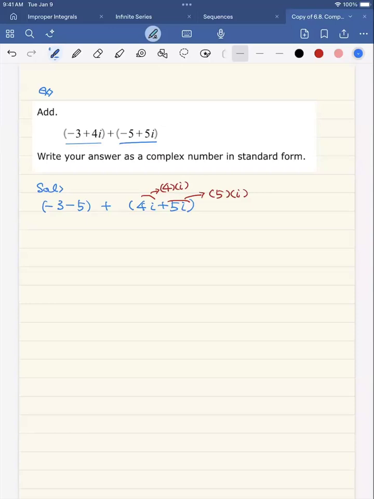We add the real numbers together and the imaginary numbers together. So we have to add -3 and -5, and we have to add 4i and 5i. Then we will get -8 plus 9i.